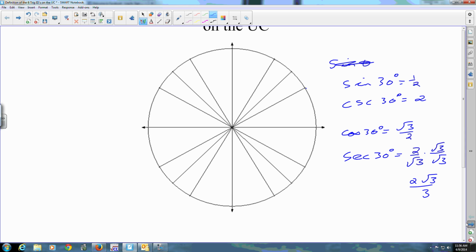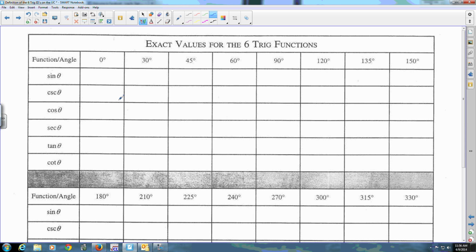Okay. So what you guys' homework is you define the 6 trig functions on the unit circle starting at 0. For example, this is your y value, this is your x value, this is your y over your x. So what's your y value at 0? 0. What's the reciprocal of 0? Undefined. What's your x value at 0?